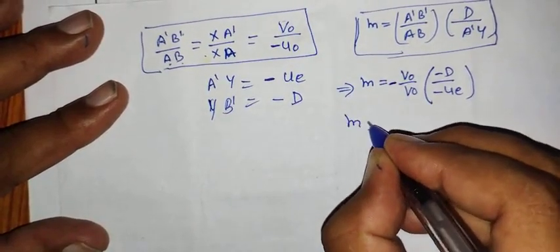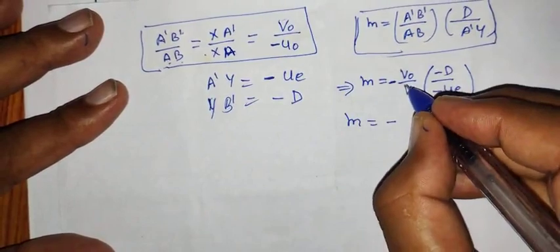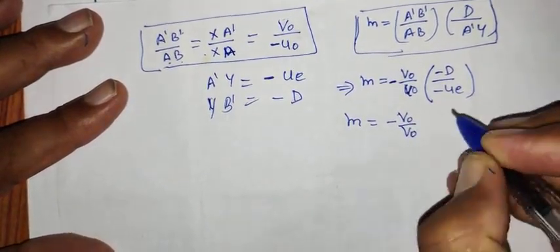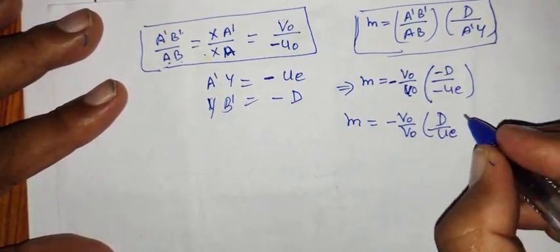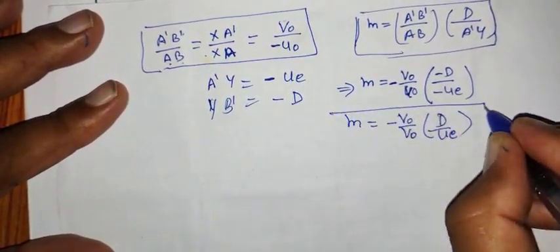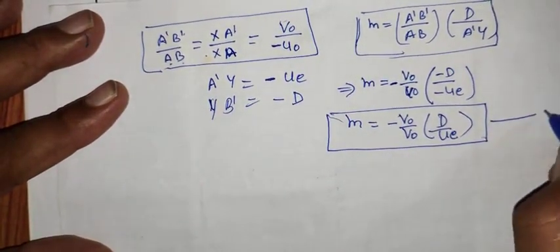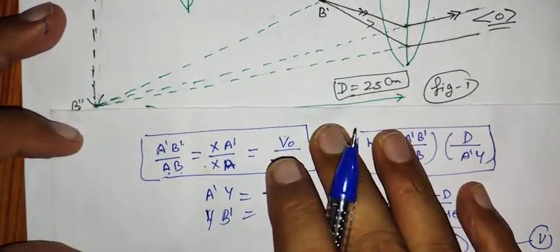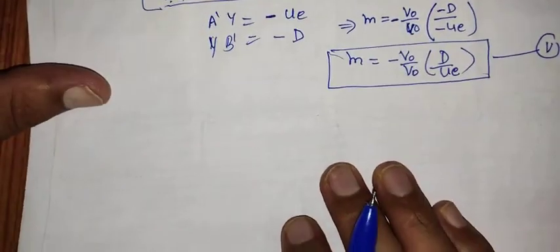So finally the magnification formula is minus V naught by U naught times D by UE. This is the formula for magnification when the final image is formed at the least distance of distinct vision.